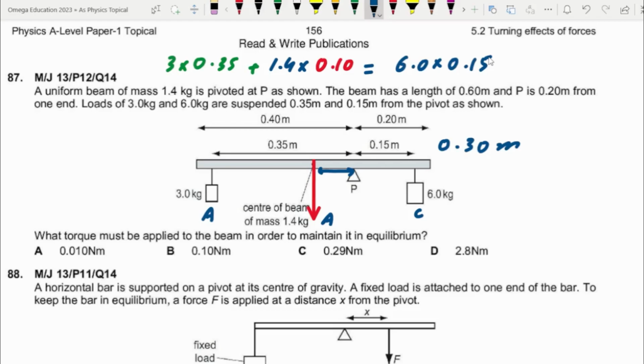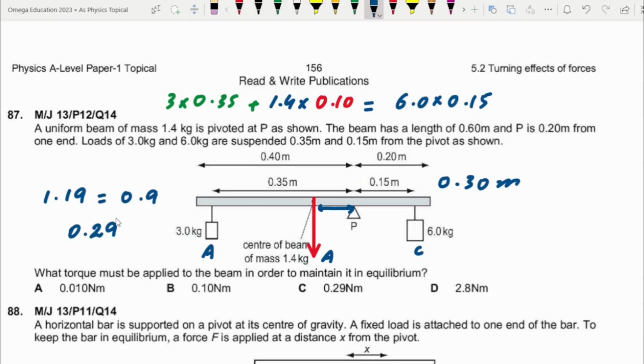The total on the left side is 1.19. Let's see what we get on the right side. 6 times 0.15, so I get 0.9 on the right side. Let's subtract the smaller value from the larger value. 1.19 minus 0.9, we get 0.29.